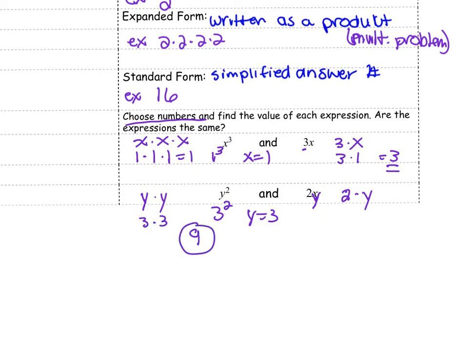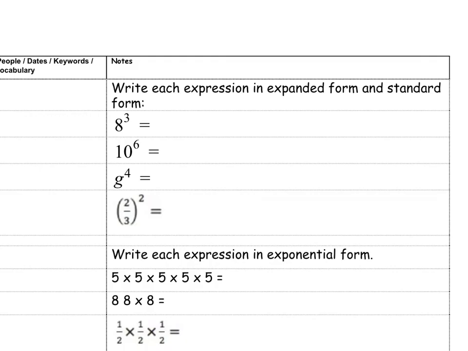But 2y means 2 times y, which is 2 times 3, which is 6. So you see there are two very different things. So you're going to be just practicing going back and forth between these. So tomorrow we can add in the rest of our order of operations.